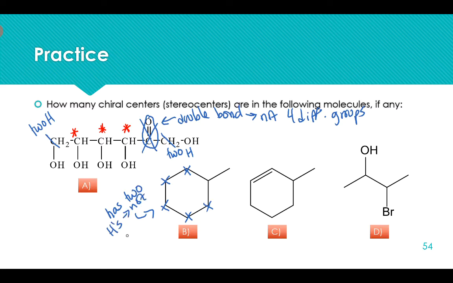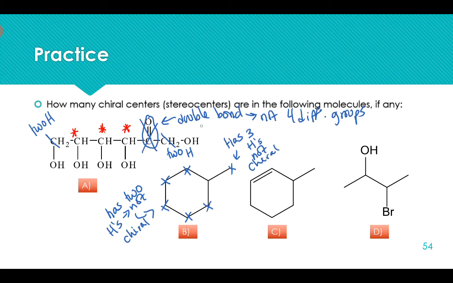And so that is not chiral. And same with this group at the end, that has 3 H's. So that's not chiral either.